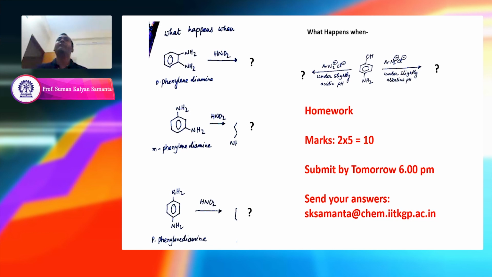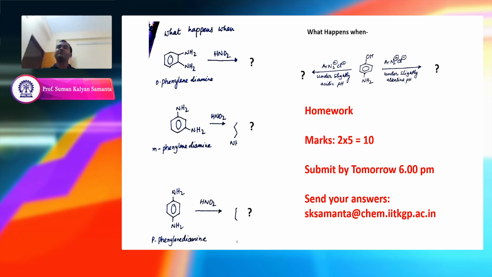So what will happen if you do the reaction with orthophenylene diamine, metaphenylene diamine and paraphenylene diamine, if you treat with HNO2 in the presence of dilute acid? What will be their products? If you search some book, you will get the answer, but I will not tell right now.